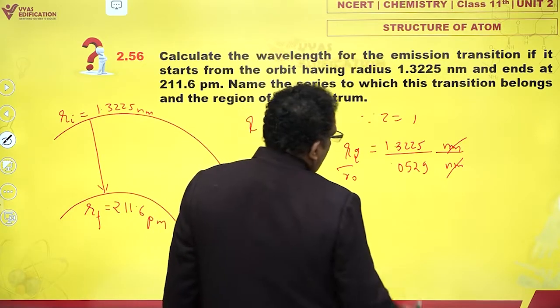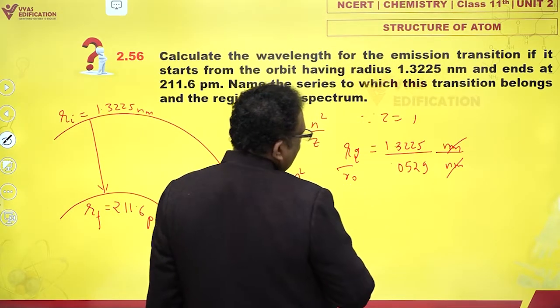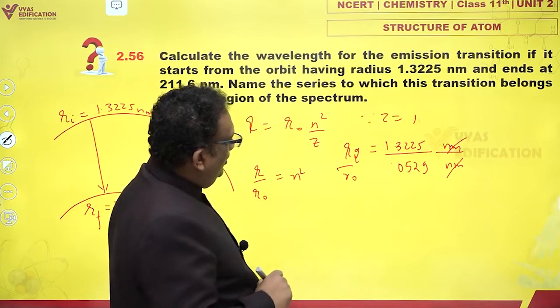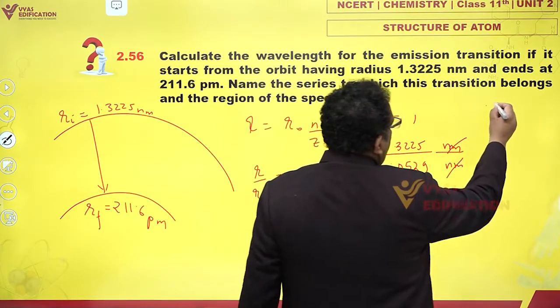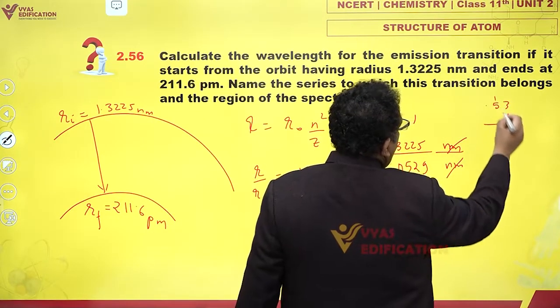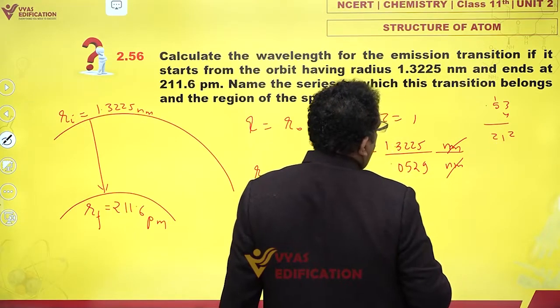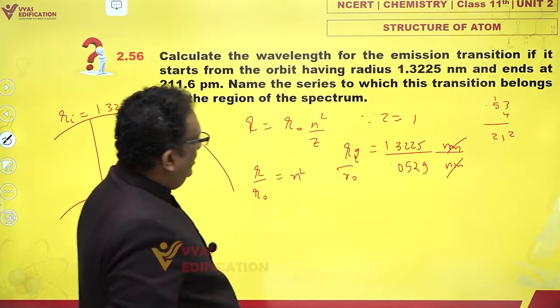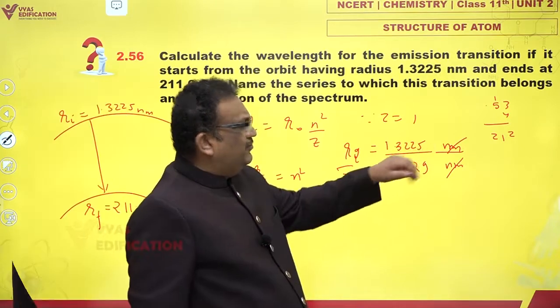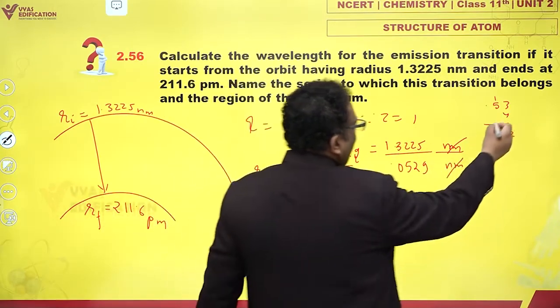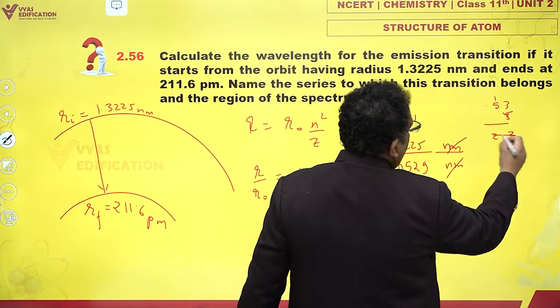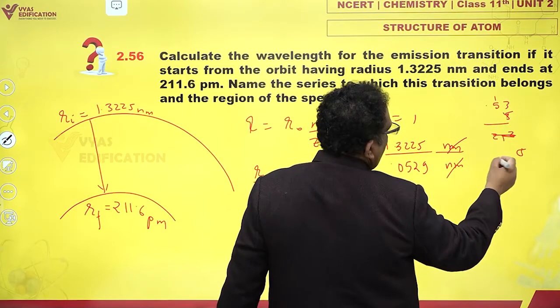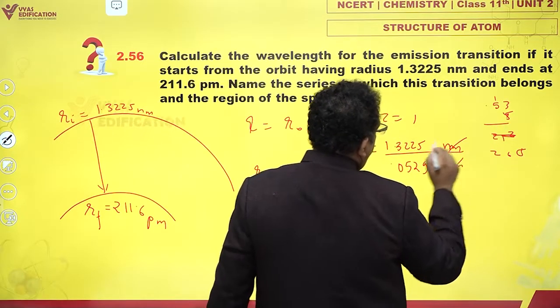How much does that come out to be? Looks like 4. If I just multiply 0.53 by 4, that's not really it. So 4 doesn't look like a good number. Let's try 5.